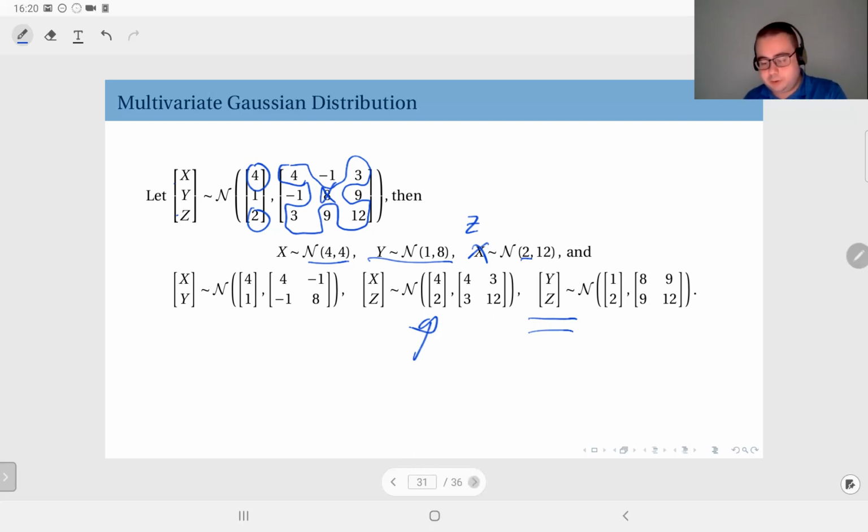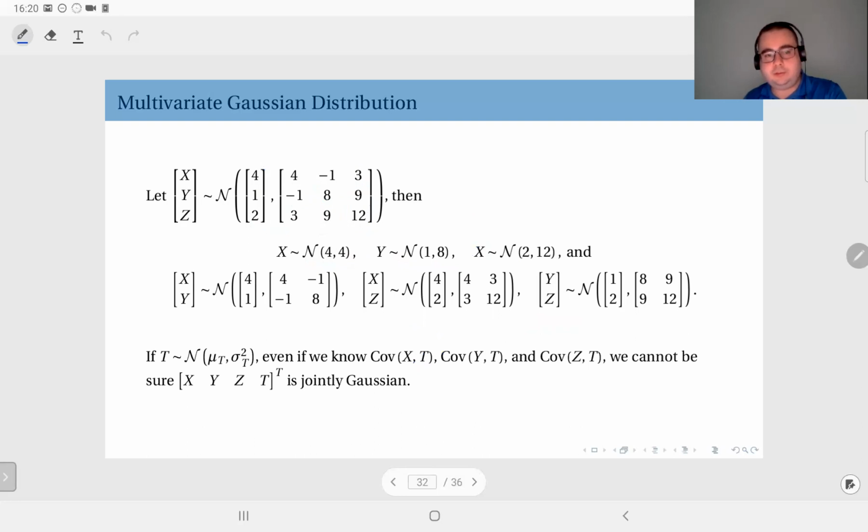But if I tell you there is a fourth random variable, t, that's also Gaussian. If I give you its mean, if I give you its variance, I even give you the covariances between x and t, y and t, z and t. Even in this case, I cannot be sure this random vector x, y, z, t is jointly Gaussian.